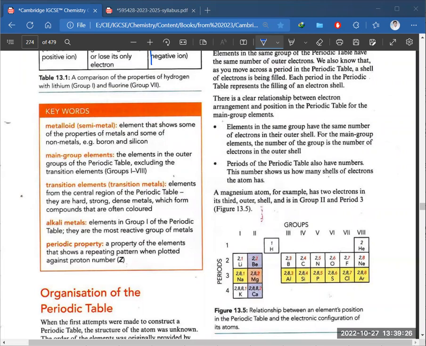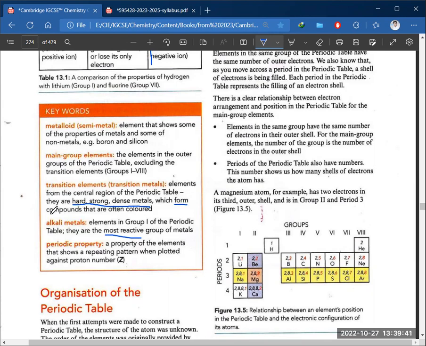All right, perfect. Alkali metals, they are the most reactive group. Transition metals are hard, strong, dense metals and form compounds that are often colored, so colored compounds. Now, what do we realize from this?